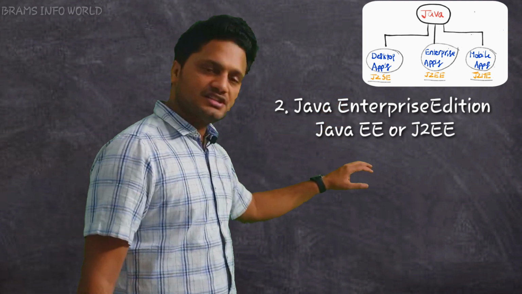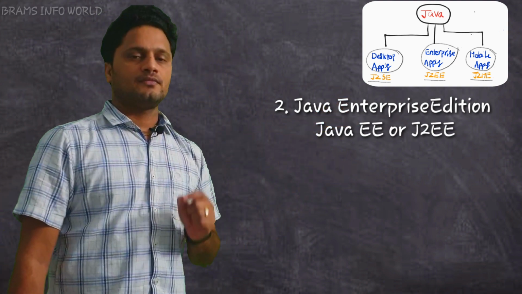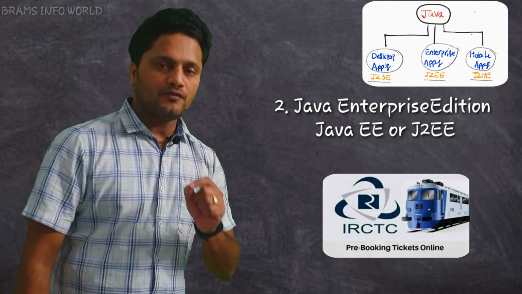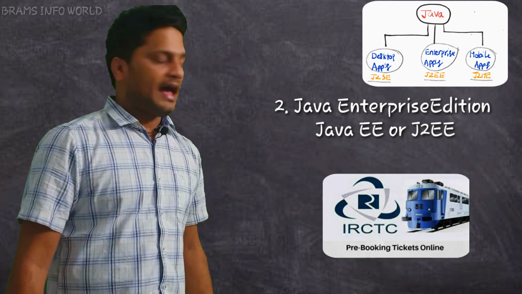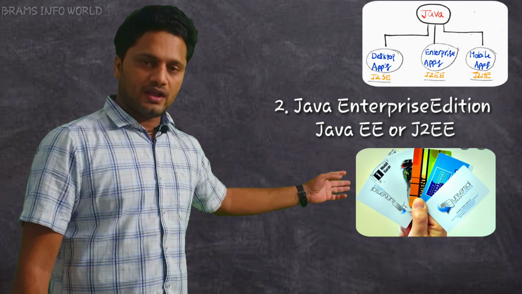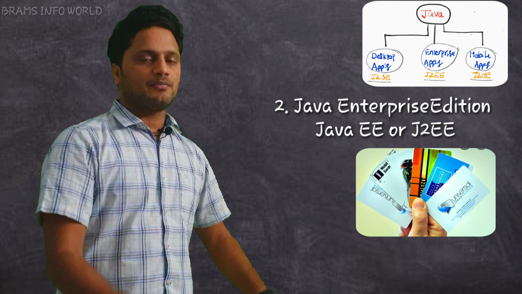The second version comes under Java Enterprise Edition. With the help of this Enterprise Edition we can develop websites and we can also develop bank side applications, like ATM applications and railway reservation applications.